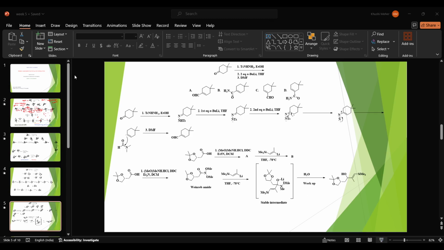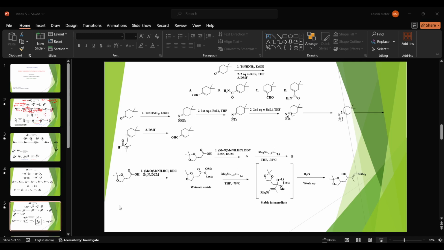Yeah, that is the whole reaction. What will happen? First it will form the hydrazone, and by using two equivalents of n-butyl lithium, it will extract first this nitrogen hydrogen, and after that another proton, followed by removal of the tosyl group, along with the removal of nitrogen. That removal of nitrogen is the driving force for this kind of reaction, and we call it the Shapiro reaction.